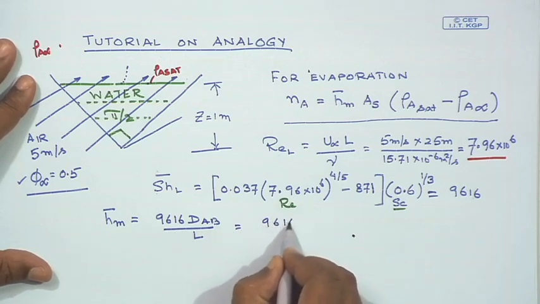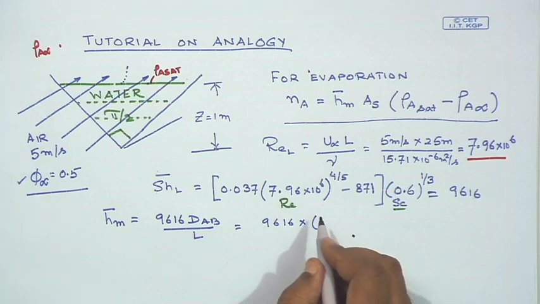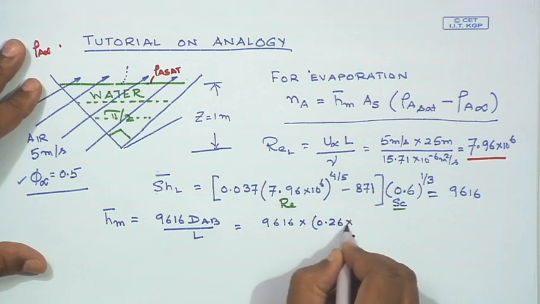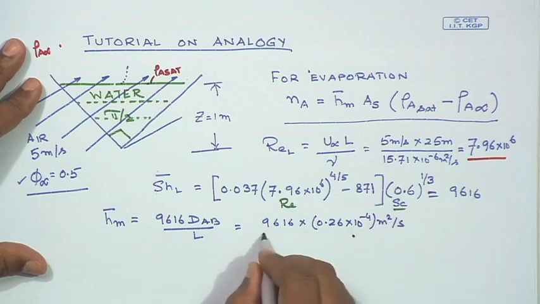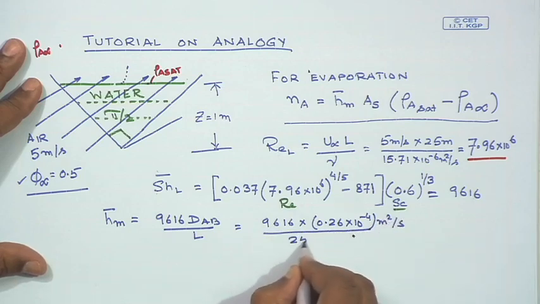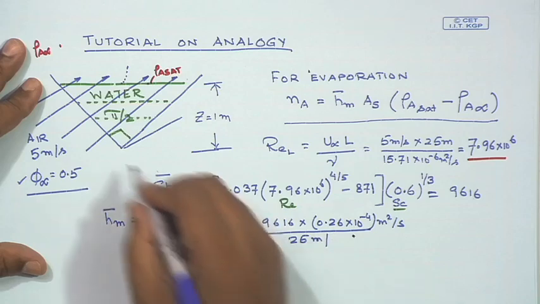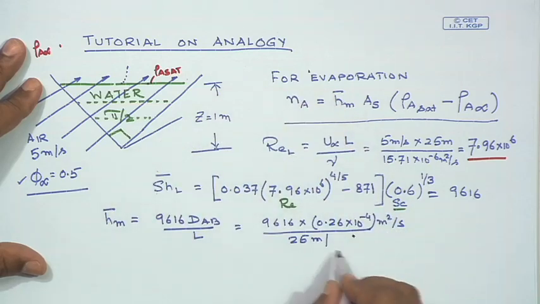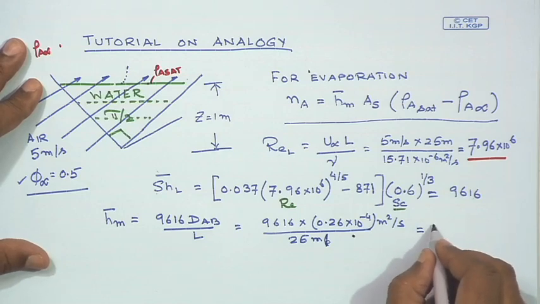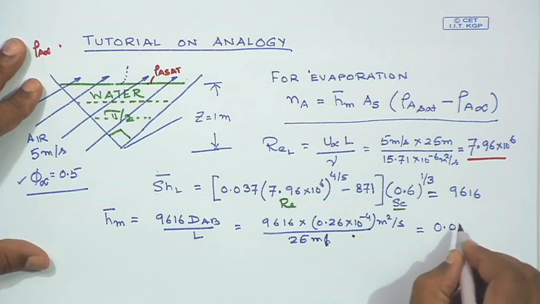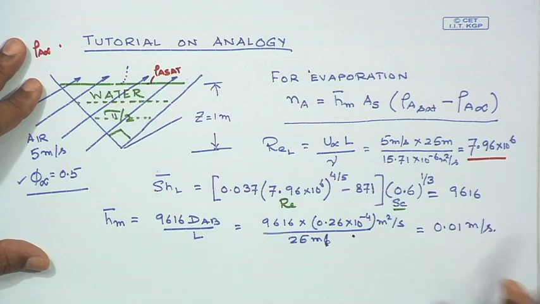D_AB is 0.26 × 10^-4 meter square per second, and the length of this water reservoir is 25 meter. So, the value of the convective mass transfer coefficient is going to be 0.01 meter per second.